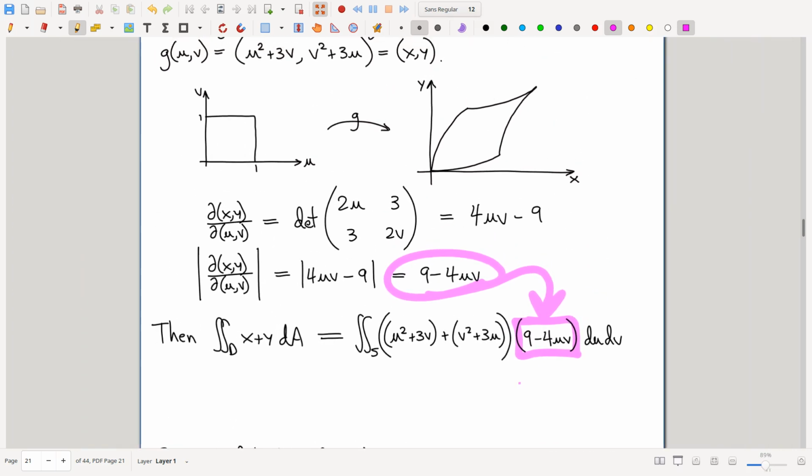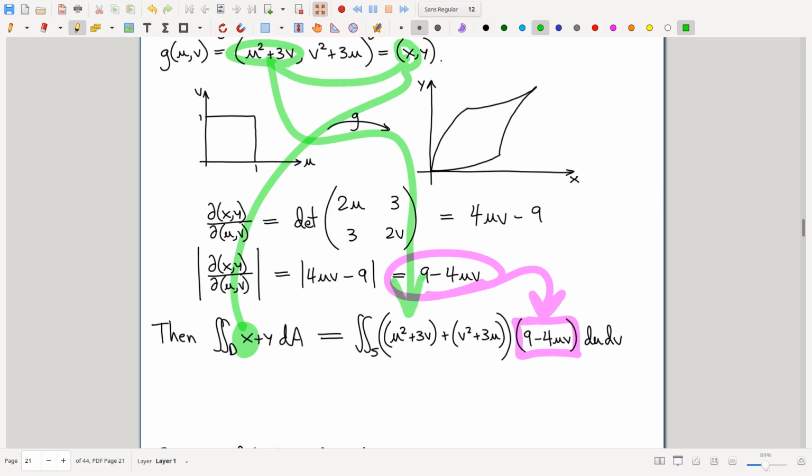What are we going to do, for example, with this x right here? How do I rewrite x in terms of u and v? Well, our function up here tells me x is literally that function of u and v. And so that is what goes there. It just replaces x. Is that cool?